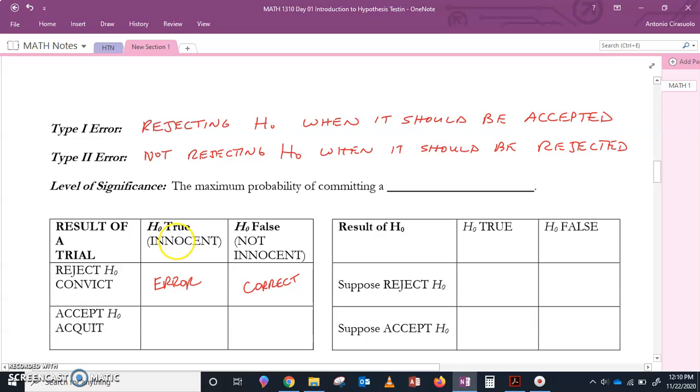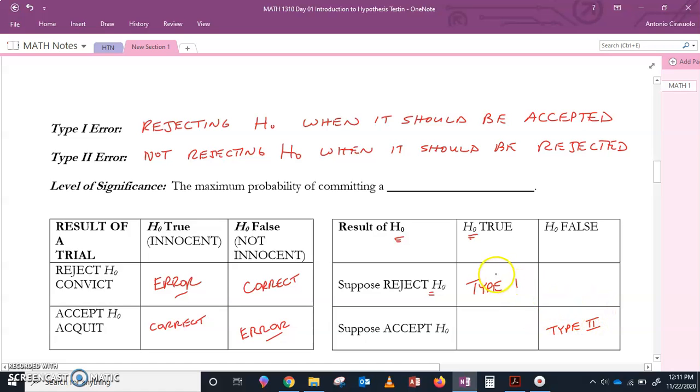If the person is innocent and they are acquitted, that's correct as well. And if the person is not innocent, or guilty, and they're acquitted, we know that another error was made. So in terms of the results of H naught, these errors are both the type 1 and type 2. When we know H naught is true and yet we rejected it, that's a type 1 error. And this would be a type 2 error.